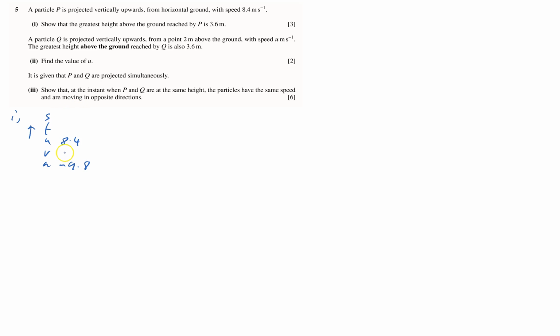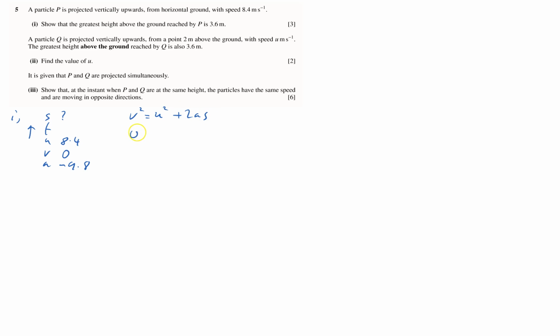Greatest height, therefore the final velocity will be 0, and I want to find out what the greatest height is. So I've got that. The formula is going to be the one without the t, so that will be v squared equals u squared plus 2as.